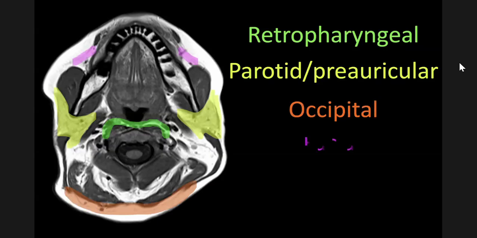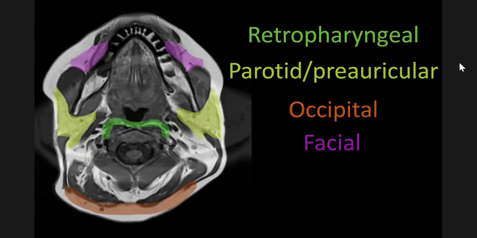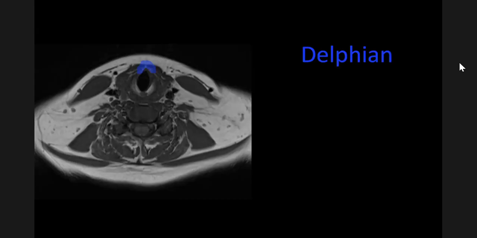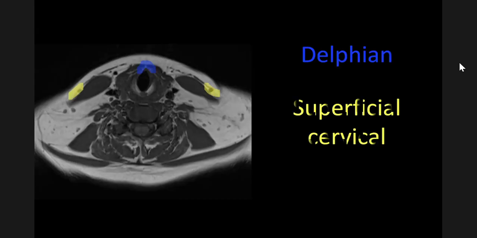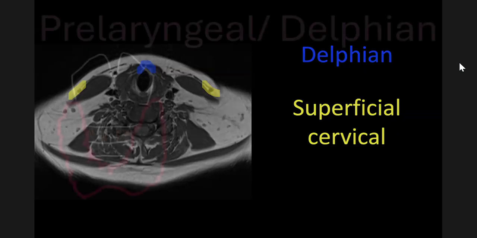The facial group that extends from the mandible up to the medial canthus of the eye around the facial vessels. Those are the facial lymph nodes. And then we have the Delphian lymph nodes, which are the prelaryngeal lymph nodes. And then we have the superficial cervical lymph nodes that are along the external jugular vein, not the internal jugular, but the external jugular vein. Those are the superficial cervical.